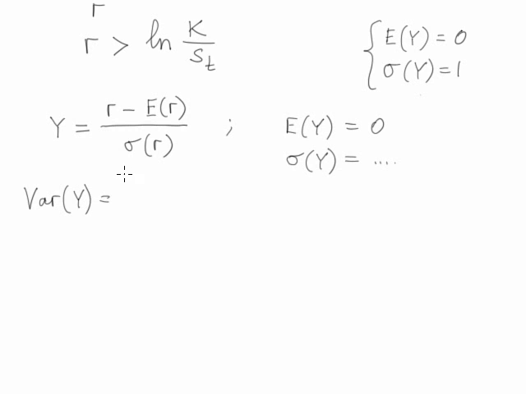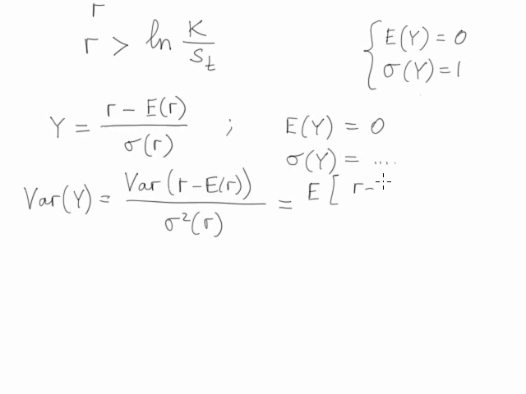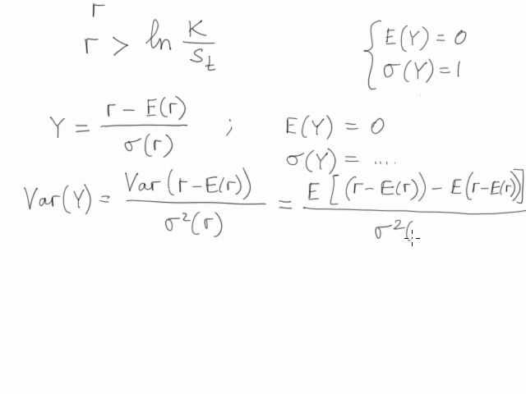It's going to be the variance of R minus ER, divided by sigma squared R. The variance is the expectation value of R minus ER squared.